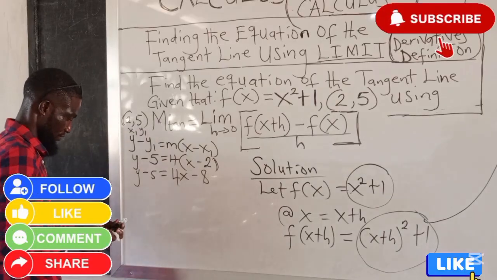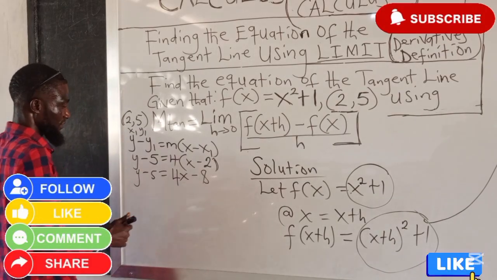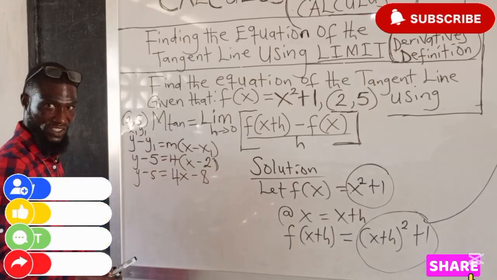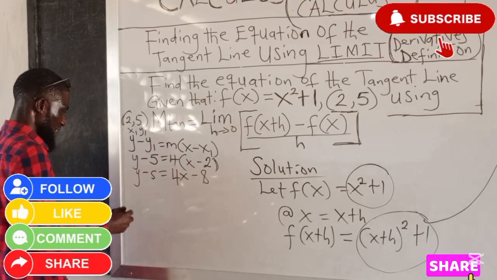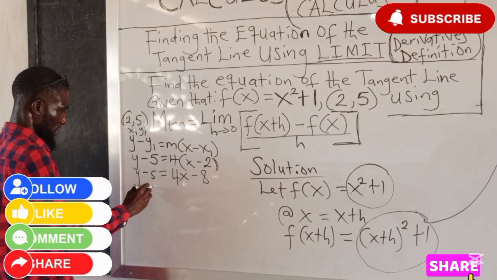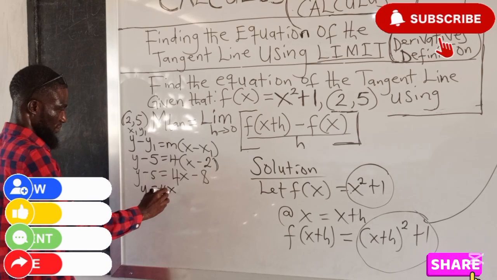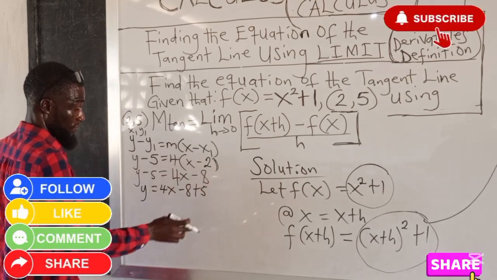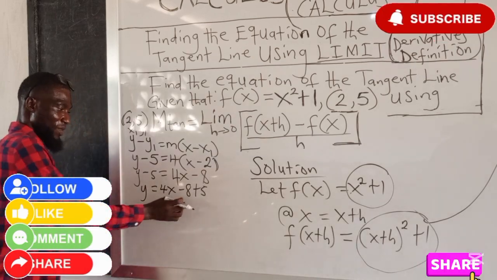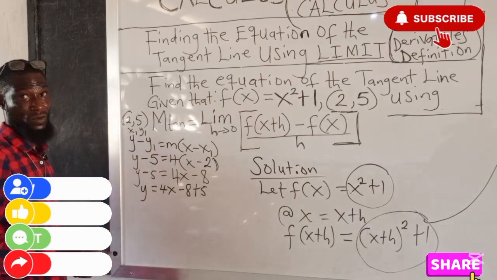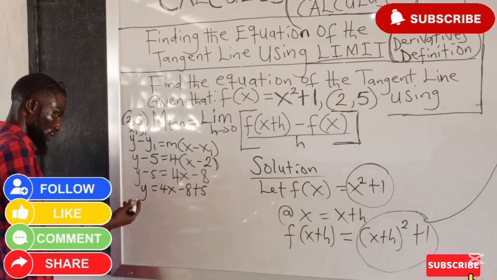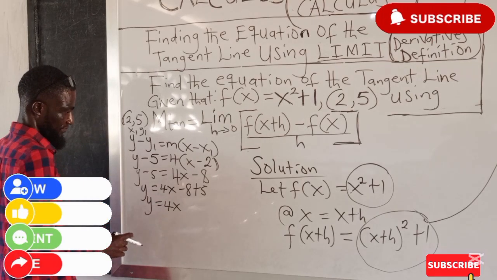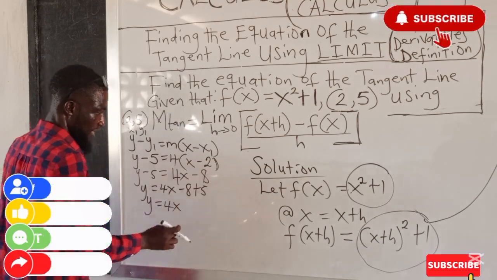What do we do? This minus 5 will go across. When it goes across, it becomes positive. So y will be equal to 4x minus 8, plus 5. The 5 has transferred to the other side and become positive. So y will be equal to 4x, minus 8 plus 5.